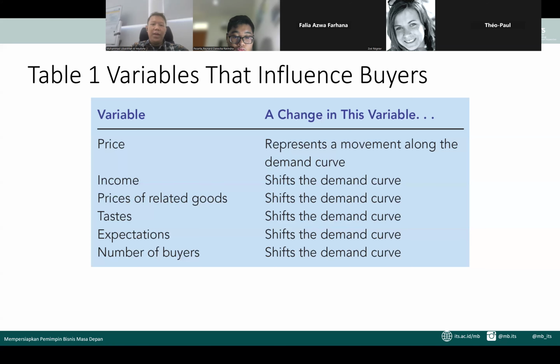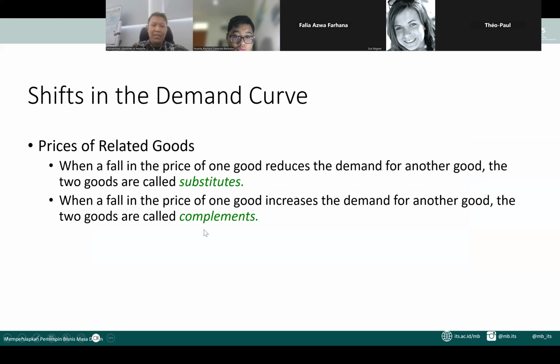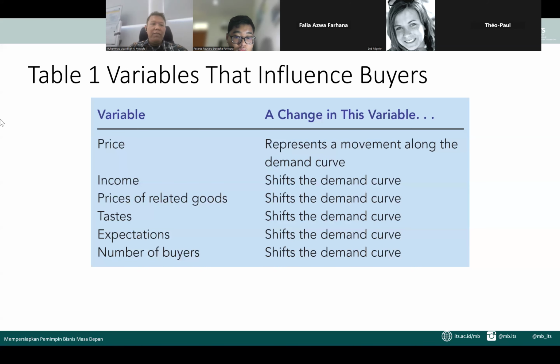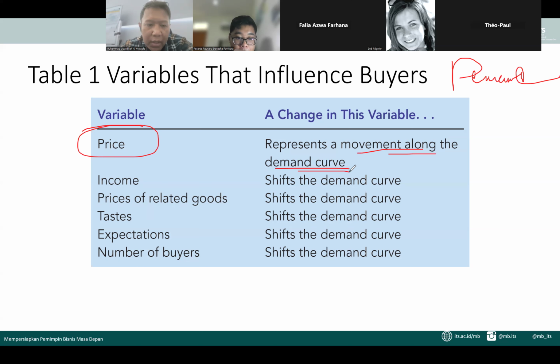Do you have any questions? If not, then this is the summary of what influences buyers, which influences demand. When we have a price increase, this will represent a movement along the demand curve.